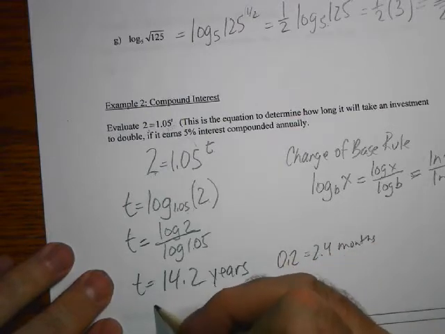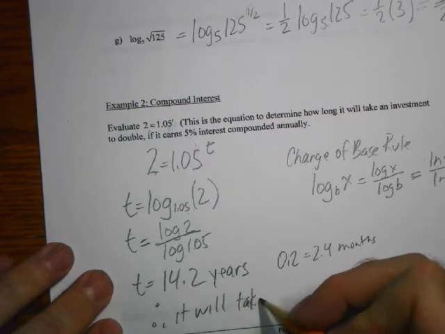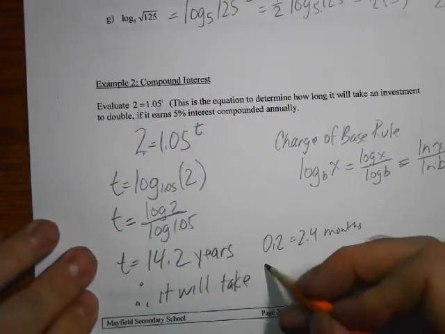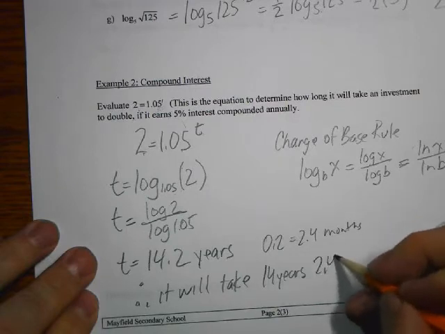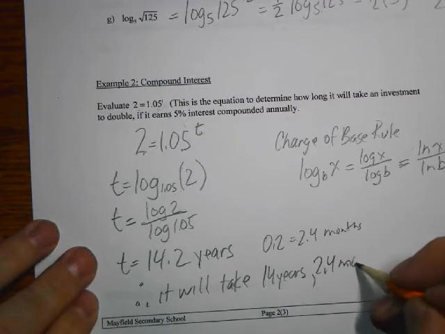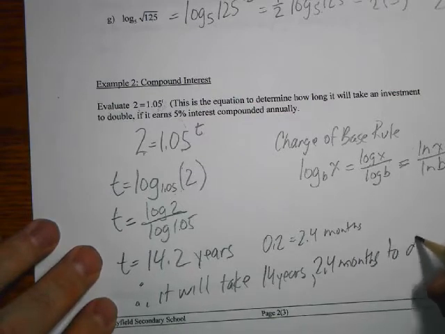So our answer would be, therefore, it will take 14 years, 2.4 months to double the investment.